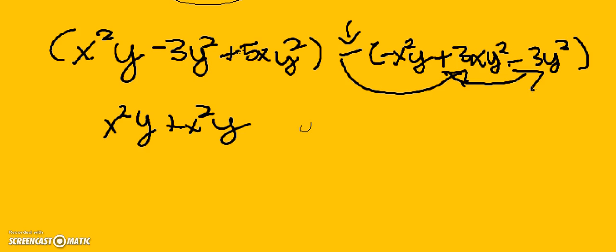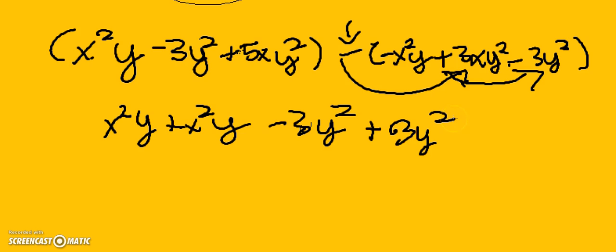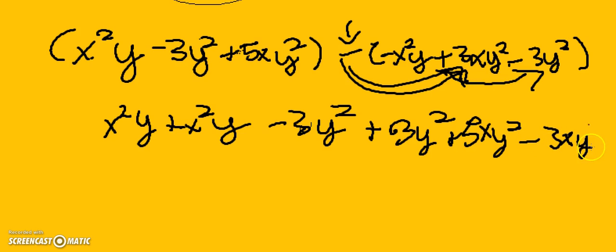It's going to be minus 3y squared again, so we're actually going to add them: minus 3y squared plus 3y squared. And then finally we have plus 5xy squared, and again minus, so we have this minus right here, minus 3xy squared.